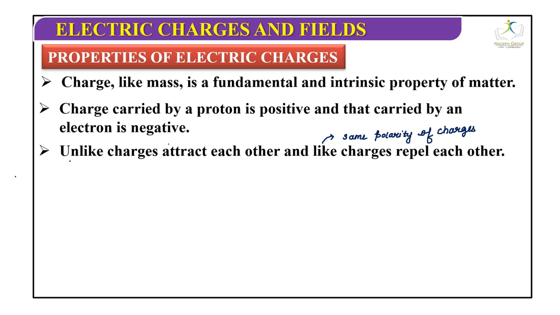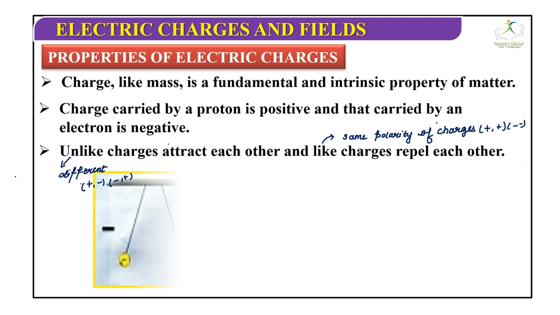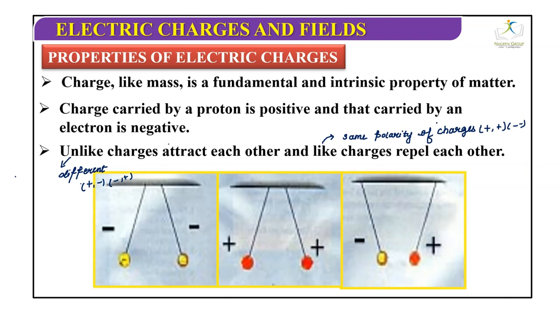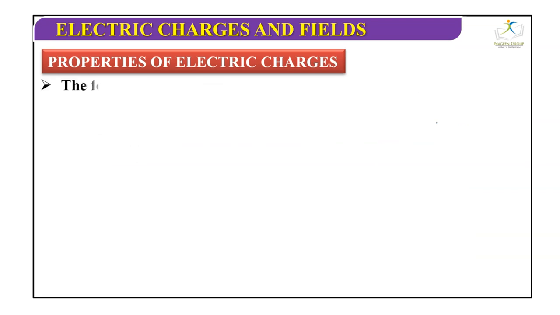Unlike charges means different polarity of charges, that is positive and negative, or negative and positive. Positive-positive and negative-negative are like charges. As you can see, in the first two diagrams they repel each other. In the last diagram, they attract each other.